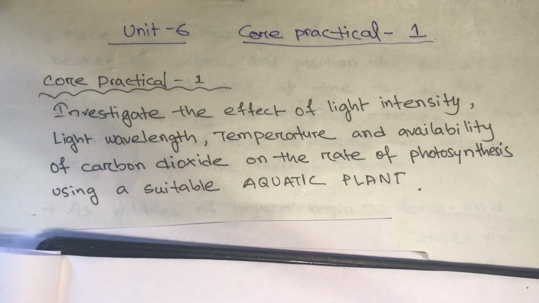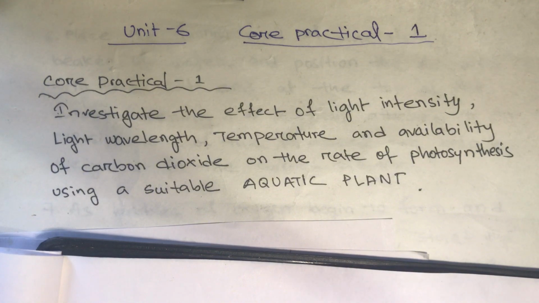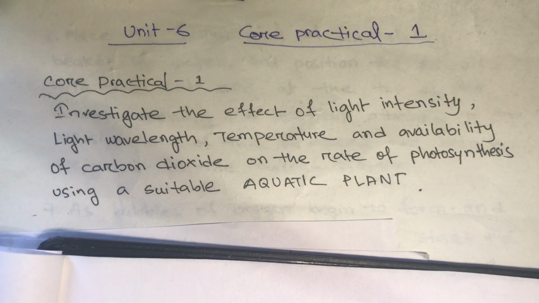If you write an experiment in the exam, you need to give all the factors affecting the experiment: the dependent variable, the independent variable, which is the most important thing of the experiment, and the complete method, the procedure to do it, with all the tiny details in it. It's quite tough to remember in the first place, but if you keep trying more and more, it will become a lot easier.